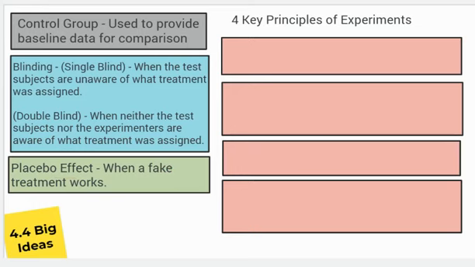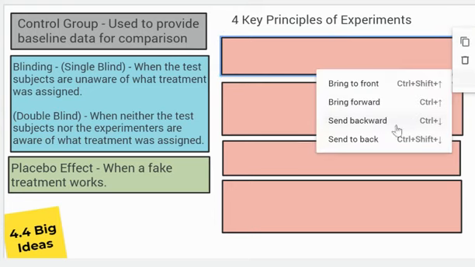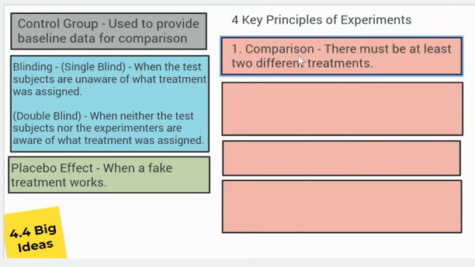The last thing that we're going to look at today are four key principles of experiments. So these four things that we're about to show are four characteristics that must be a part of any good experiment. So let's start with the first one, and that would be comparison.